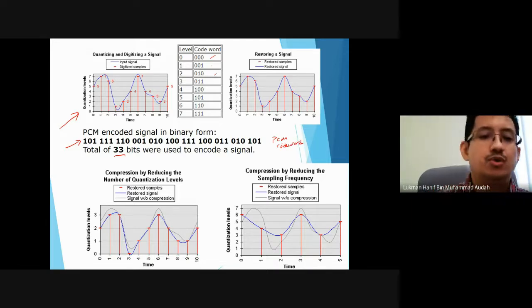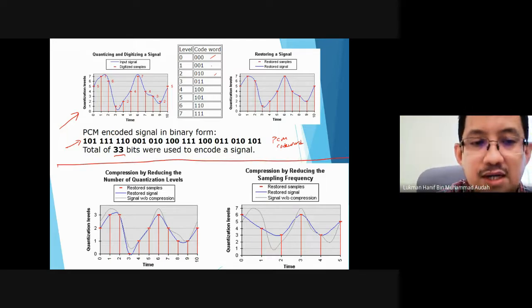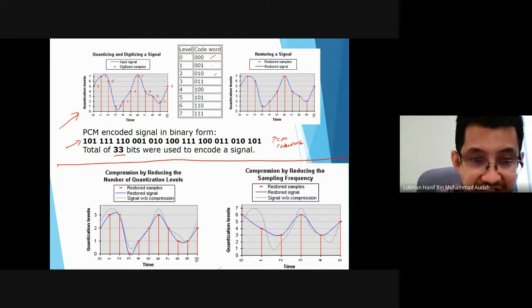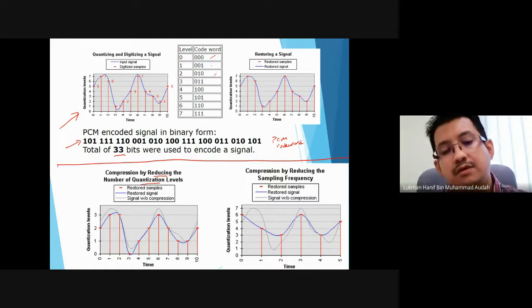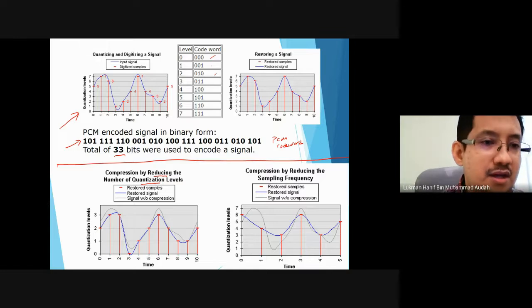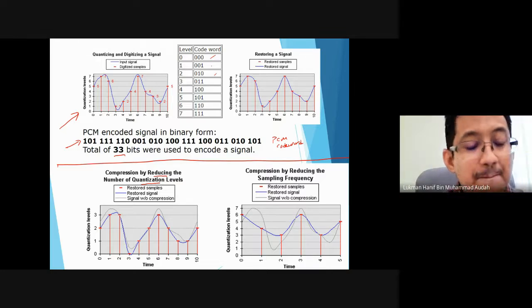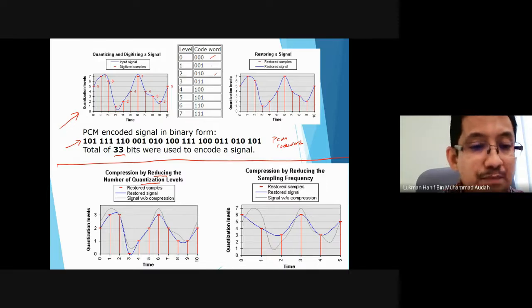Okay, PCM code word. Dan gambar rajah di bawah ini berkenaan dengan compression process. Compression by reducing the number of quantization level. Maknanya kita kurangkan number of levels daripada tadi ada 8 level kepada 4 level. Bermakna penggunaan bit daripada 3 bit kepada 2 bit.